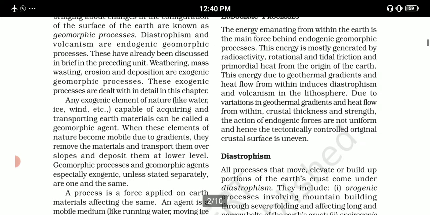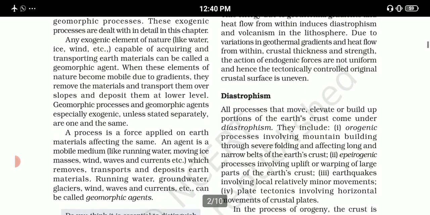Now diastrophism, okay, diastrophism that we say is mainly the movement portion of the earth's crust, and it mainly works in different forms. It includes, number one, the processes involving mountain building through folding and affecting long and narrow belts in the earth's crust, and second that we say epeirogenic processes, involving uplift or warping of large parts of the earth.